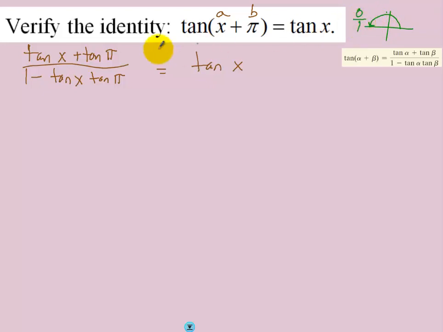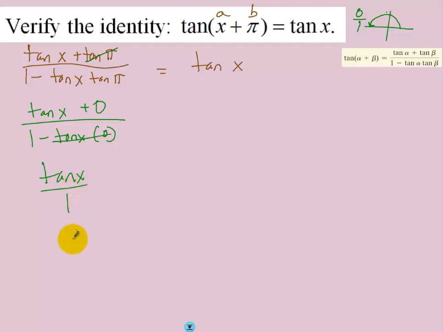It's 0 over 1. So tangent of pi is going to be 0. So what you're going to have here is tangent of x plus 0 over 1 minus tangent of x times 0. Well, times 0 is going to be 0. So you have tangent of x over 1, which is just tangent of x, equals, on the right-hand side, tangent of x. Checks out. That's kind of cool.